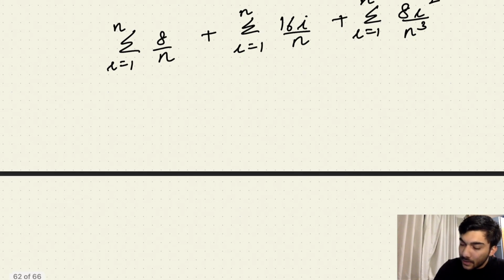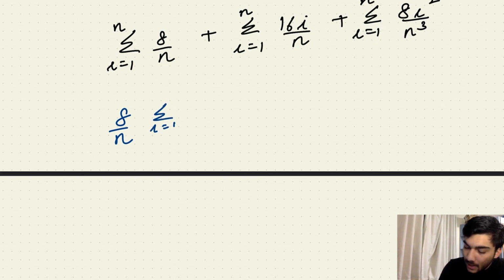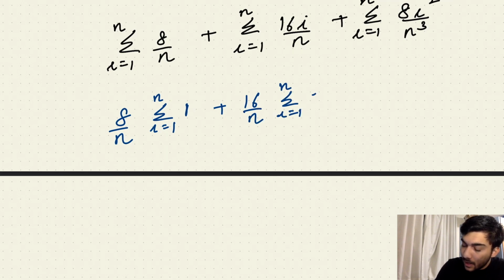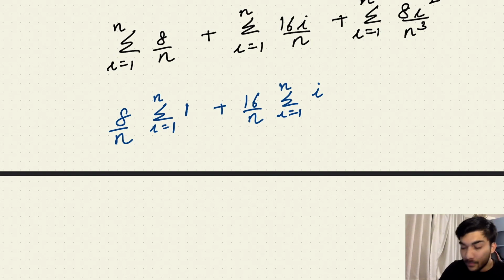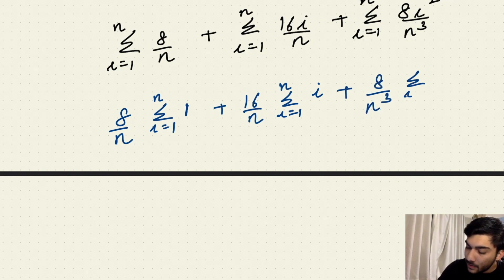And if I do this process, I'm doing 8/n, where I'm taking sigma i goes from 1 to n of 1. This becomes 16/n square, sigma i goes from 1 to n again for i. And similarly, my third expression would become 8/n cube, sigma i goes from 1 to n of i square.